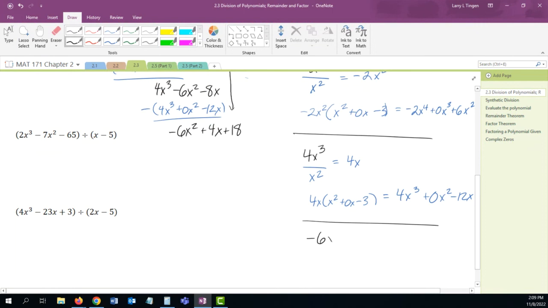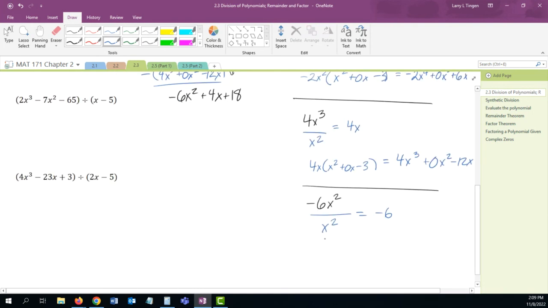New leading term, negative 6x squared. I divide it by the leading term of the divisor, which leaves me a negative 6. So negative 6 times x squared plus 0x minus 3 is equal to negative 6x squared plus 0x plus 18.